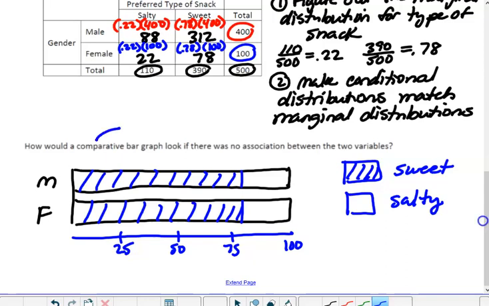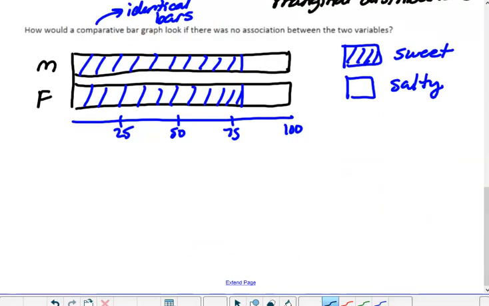So identical bars. Now, if I did a side-by-side bar graph, I could do the same thing.